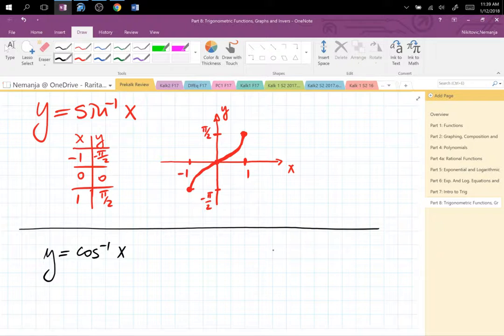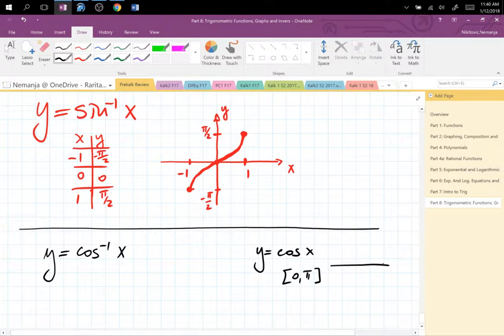So you see that the sine graph was cut from negative pi over 2 to pi over 2. Cosine can be cut from 0 to pi. So y equals cosine x, 0 to pi cut, which gives us this squiggle. That's it.